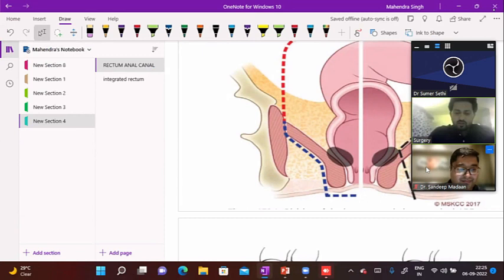Thank you very much, all the students, and thank you very much, Sandeep sir. It was a very nice, very illustrative discussion. The anatomy of the rectum you have described to the students. I'm sure that all the students must have benefited by your session. Over to you, Dr. Sandeep sir.